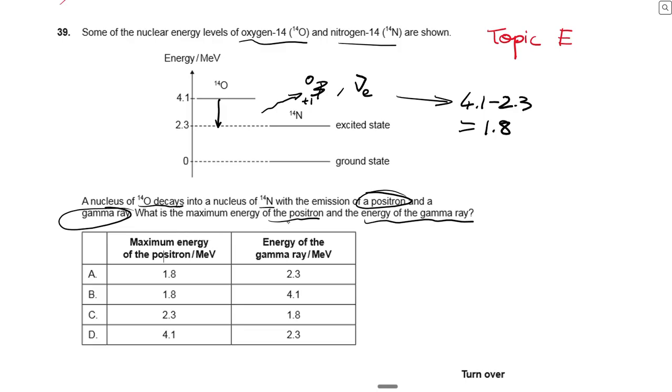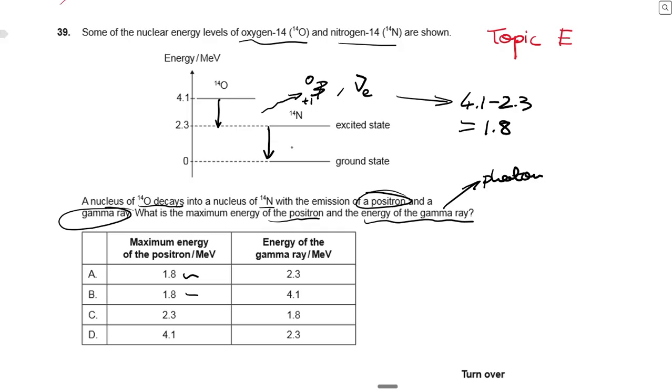Our maximum energy of the positron is when the neutrino's energy approaches 0, so it would be close to 1.8. So it's either A or B. Then we have the energy of the gamma ray. Our gamma ray is a photon that is usually emitted when an atom transitions to a lower energy state from an excited state, usually to the ground state, and that's why they've given that to us.